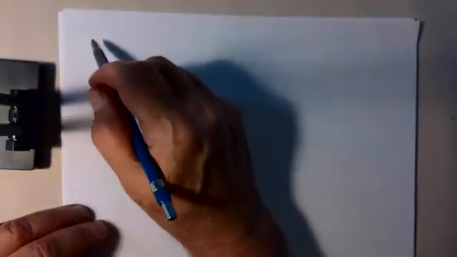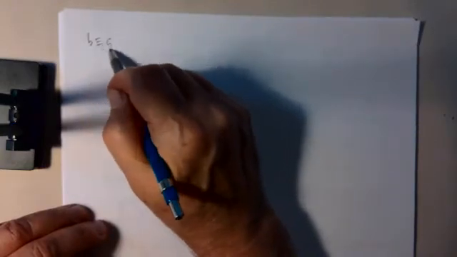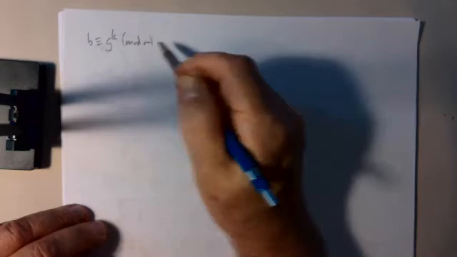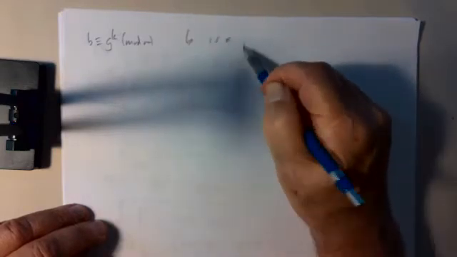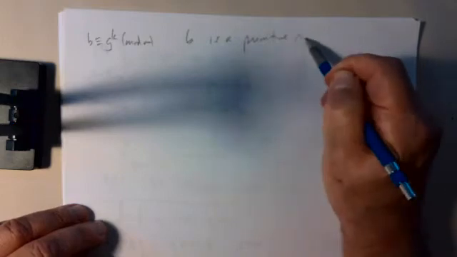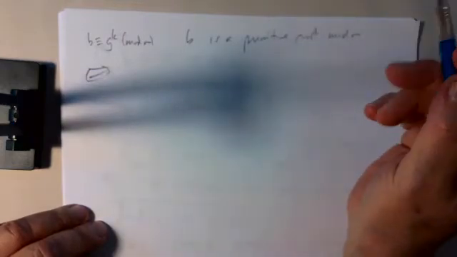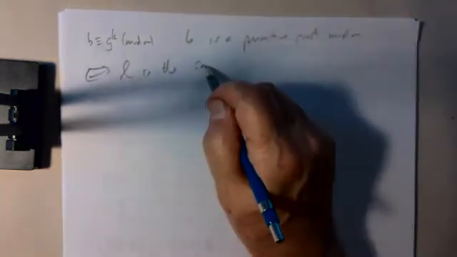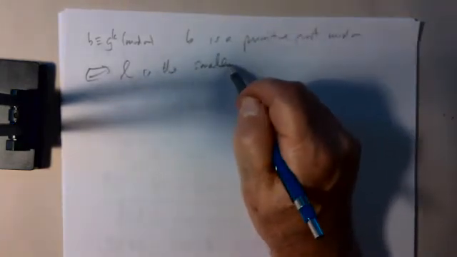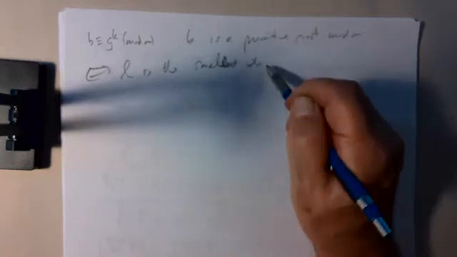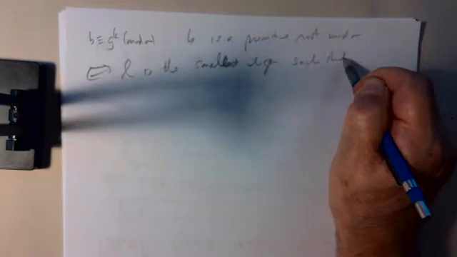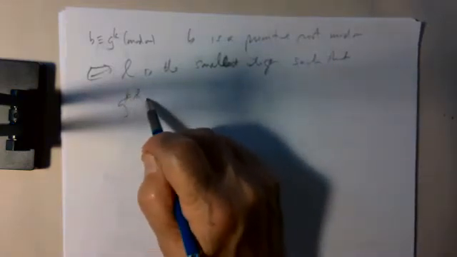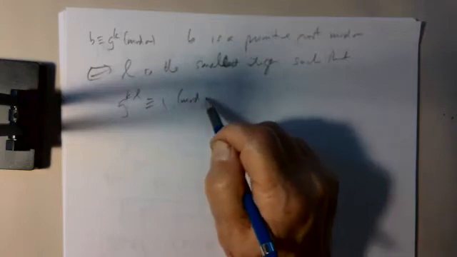So another way of saying this is, if b is congruent to g to the k mod m, b is another primitive root mod m if and only if L is the smallest integer such that g to the k L is congruent to 1 mod m.